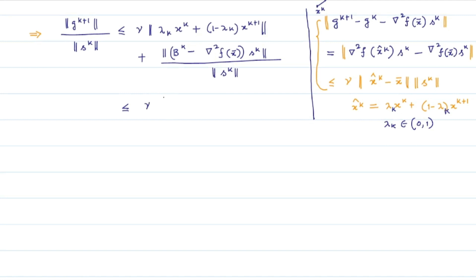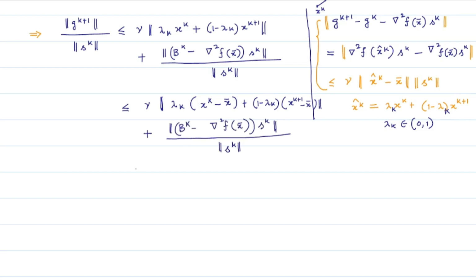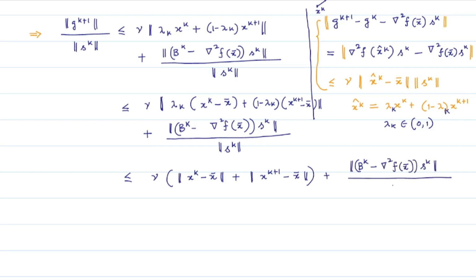than or equal to gamma times lambda k into xk minus x bar plus 1 minus lambda k times xk plus 1 minus x bar plus this expression, which is then less than or equal to gamma times norm xk minus x bar, because this lambda k is in between 0 and 1, plus norm of xk plus 1 minus x bar, plus this expression.